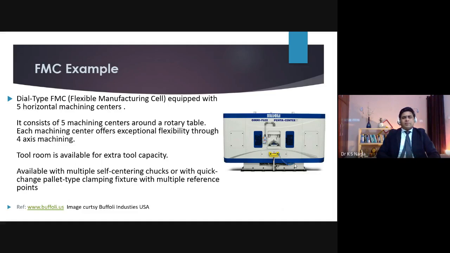The tool room is available for extra tooling capacity, and it is available with multiple self-centered chucks or quick change pallet type clamp fixtures with multiple reference points. So in this single unit, there is a horizontal table which is rotating, and each table is connected with different holders for the tools and different holders for holding the jobs.